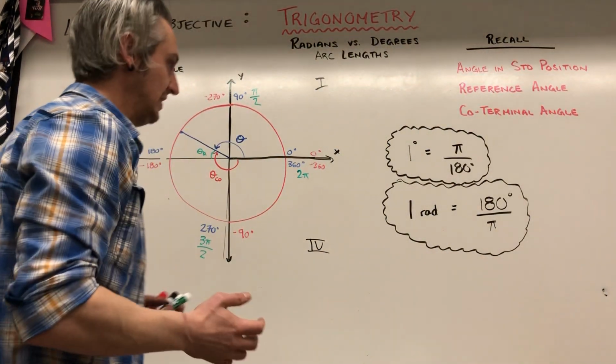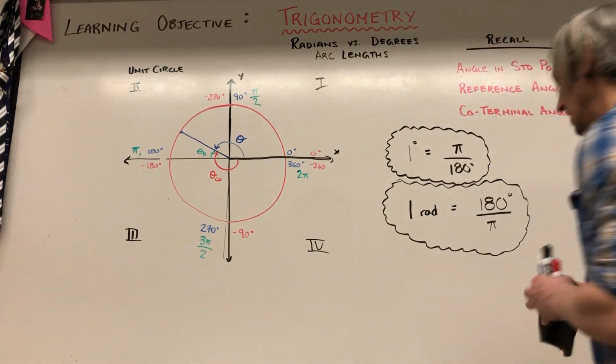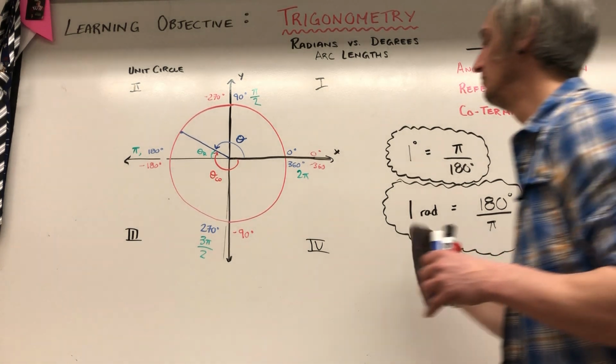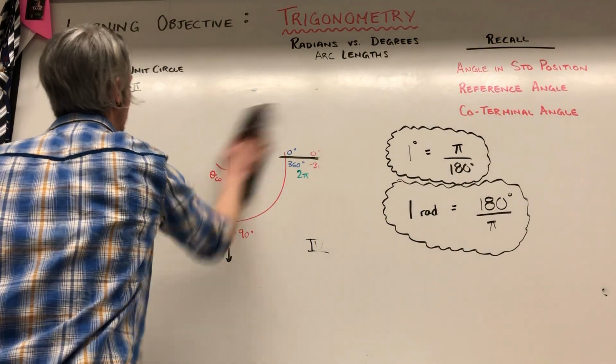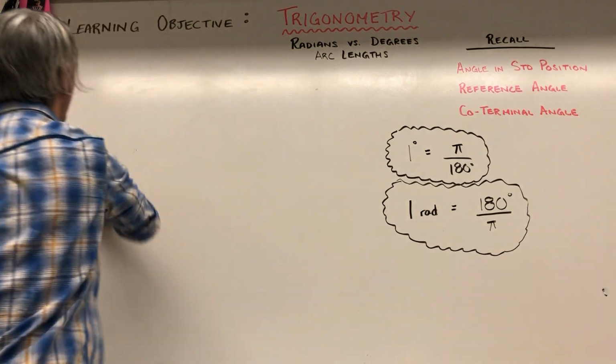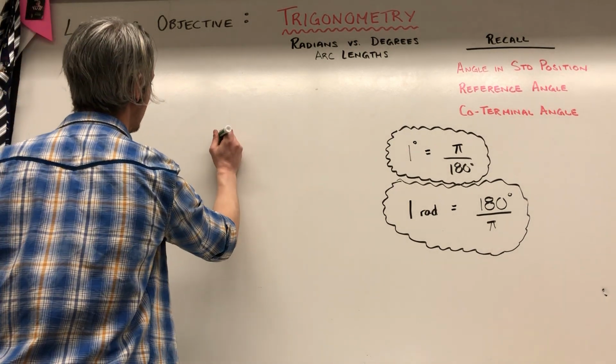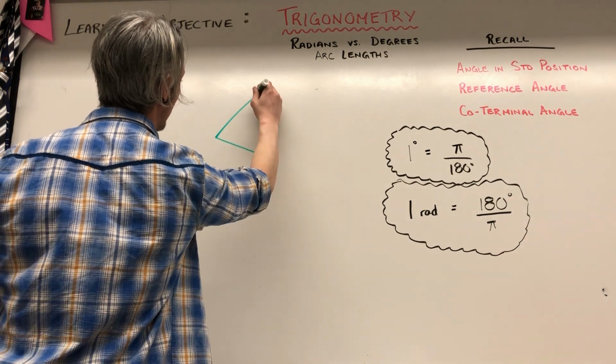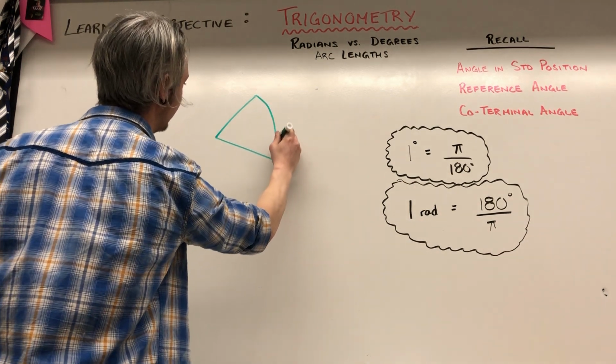And so the final thing we need to learn how to do to be able to attack our practice problems is calculating arc length. And to do that, I'm just going to draw a circle. So say they give me something like this. Okay, this is part of a bigger circle, but this is my slice.